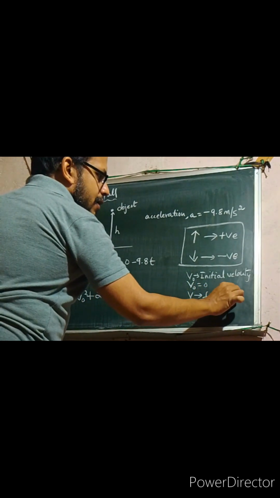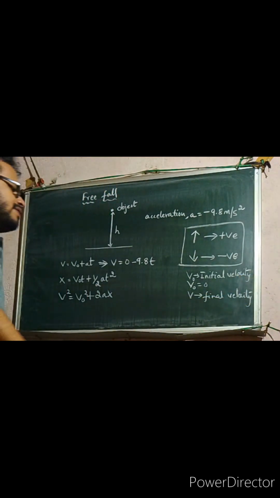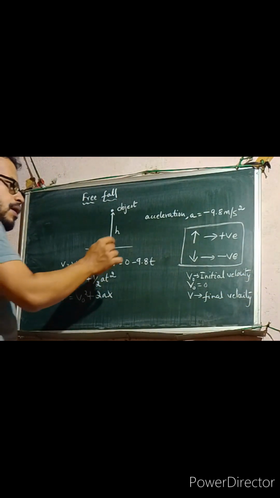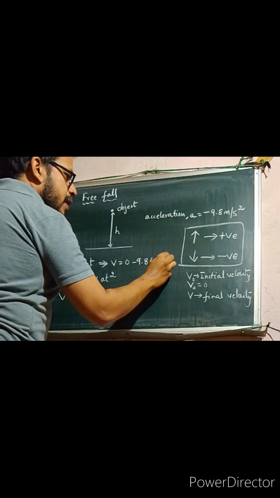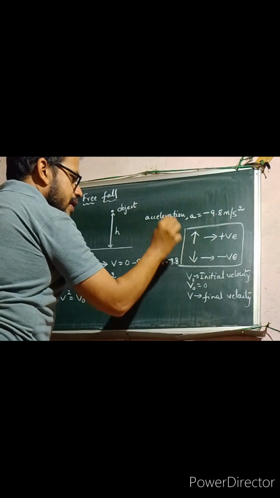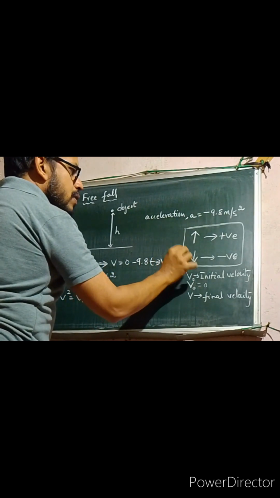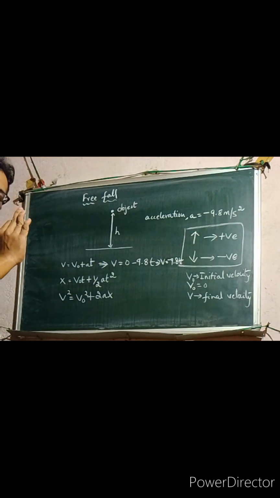I'll write it again: v equal to minus 9.8 into t. Correct? You understand, isn't it?